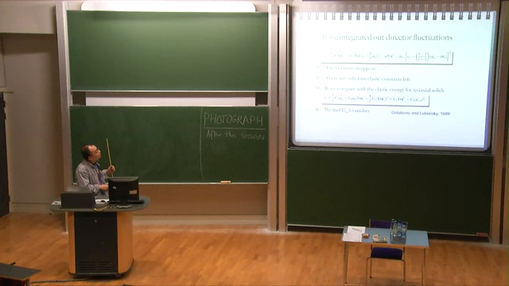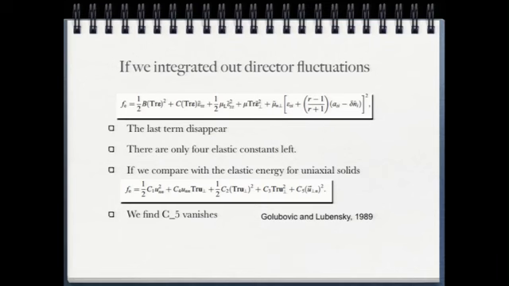So now if we take the free energy, we ignore all the higher order terms, we only keep quadratic terms, and we get this result. Here epsilon is a linear strain tensor. Now we can integrate out the director fluctuations. Then the mu tilde N perp term will be gone.